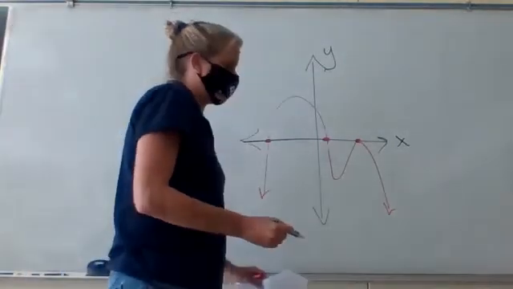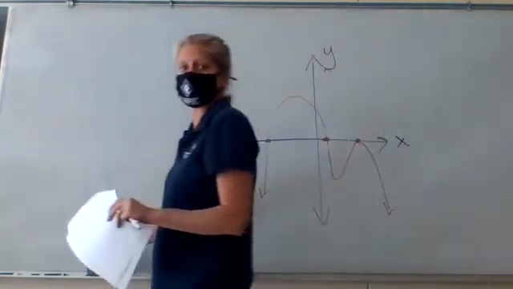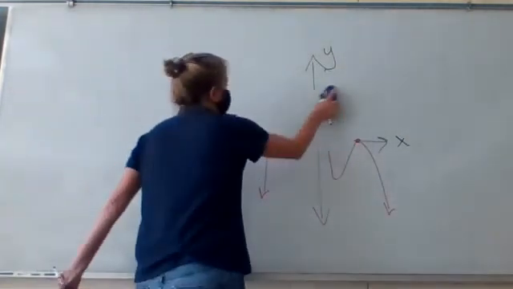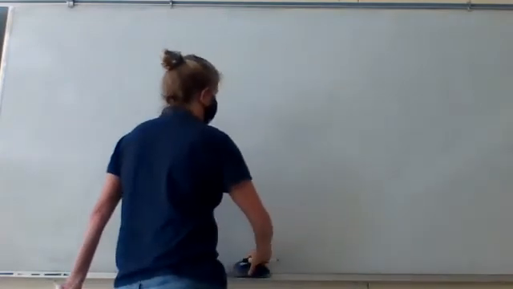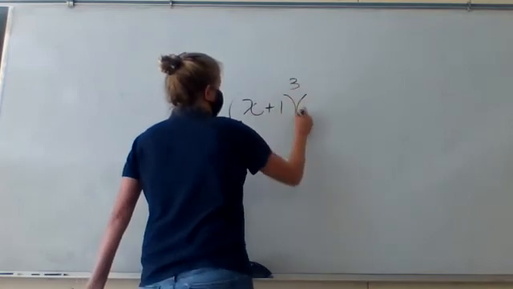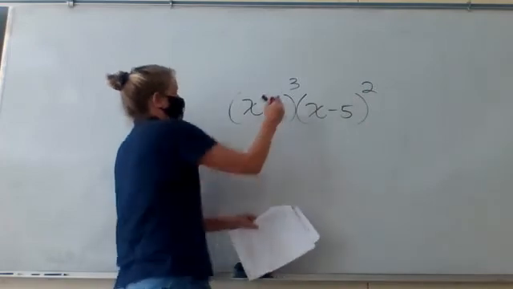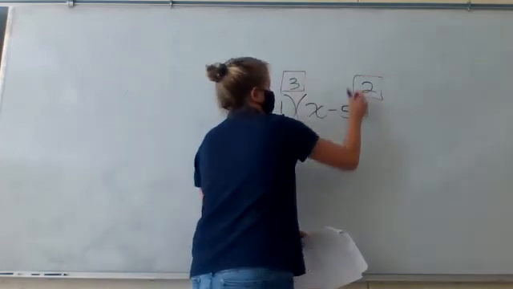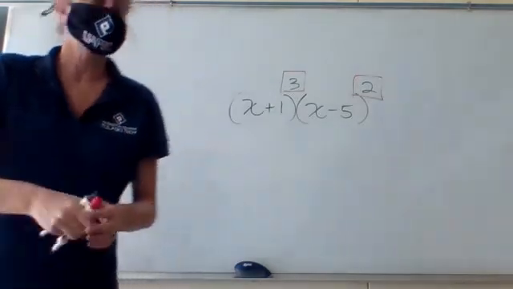Remember, your multiplicity is the exponent of your factor. Some factors look like this. These are what your multiplicities are, right? That's how you find your multiplicities, the exponents of your factors.